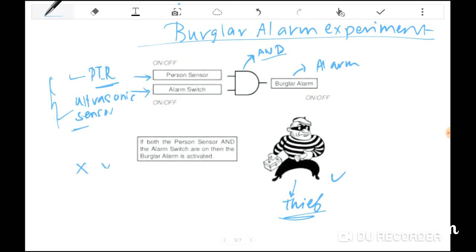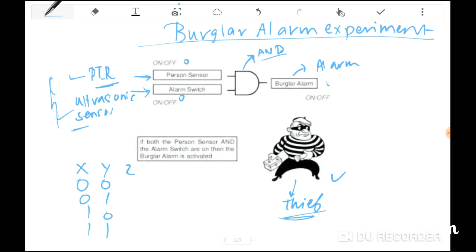So our truth table would be 0 0, 0 1, 1 0 and 1 1. According to this diagram, let's start our explanation. When the person sensor has got an input of 0 and the alarm switch has got an input of 0, what will be the output?